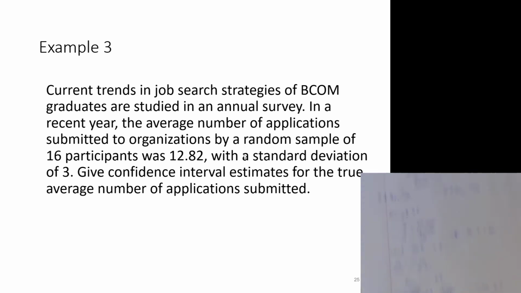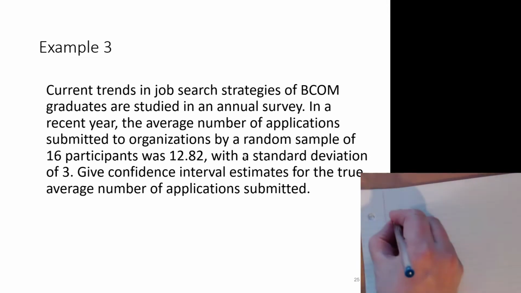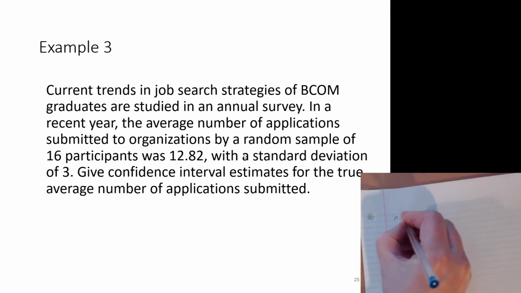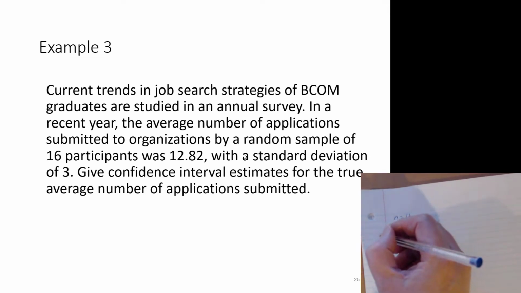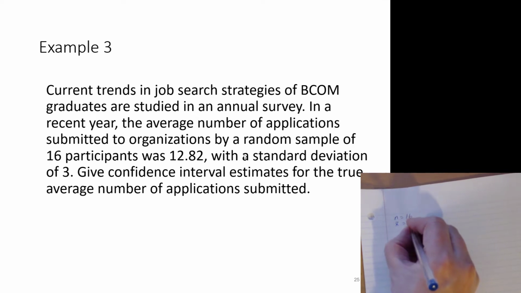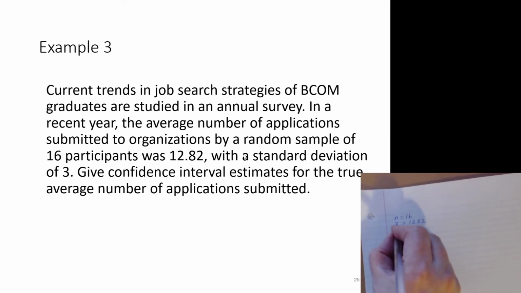Okay, let's do another example. Current trends in job search strategies of BCom graduates are studied in an annual survey. In a recent year, the average number of applications submitted to organizations by a random sample of 16 participants was 12.82. So let's get that down. 16 is our sample size, X bar is 12.82 with a standard deviation of 3.